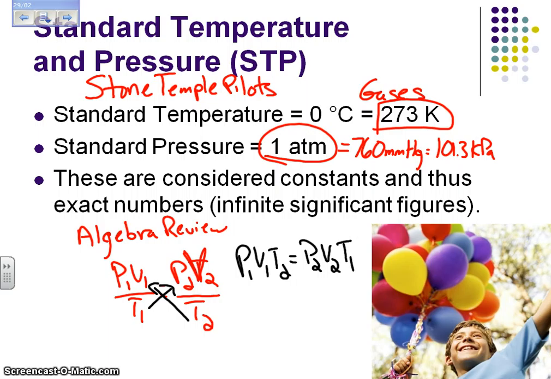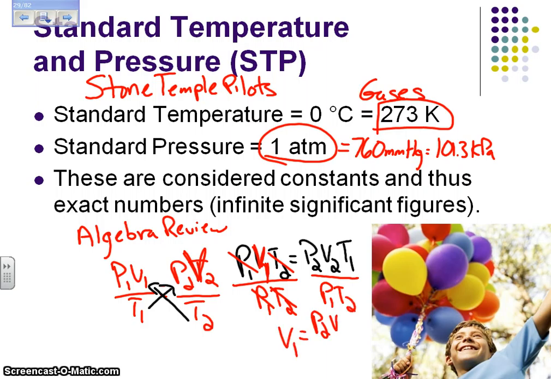Then we will need to divide by the variables that we don't want, to isolate the variable that we want to look at. In this case, if we're looking for V1, we're going to divide by P1 and T2. So by solving, we'd have V1 equals P2 V2 T1 divided by P1 T2.